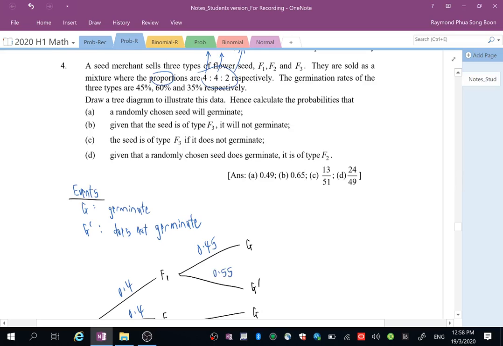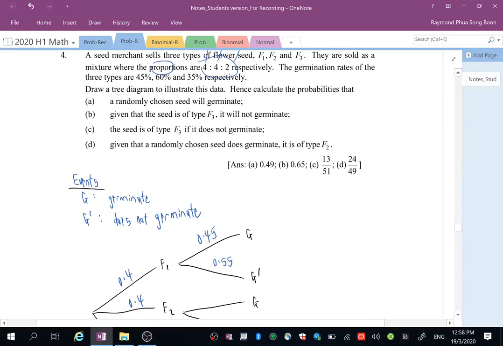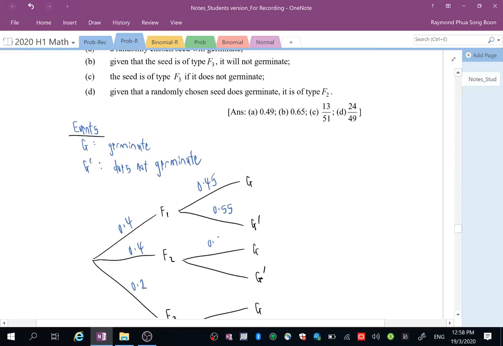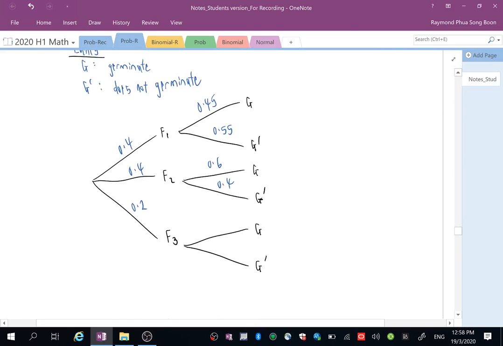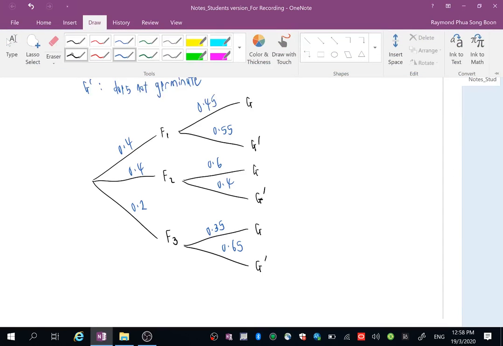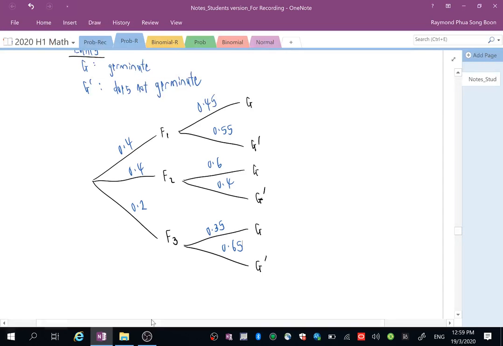The probability seed F1 will not germinate will be 1 minus 0.45, which is 0.55. Likewise, we fill out the same manner for seed F2 and seed F3. So that is for drawing of the tree diagram.